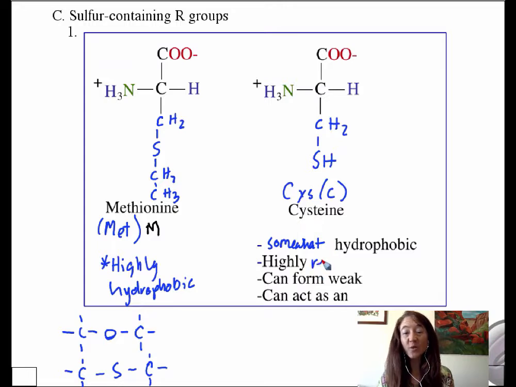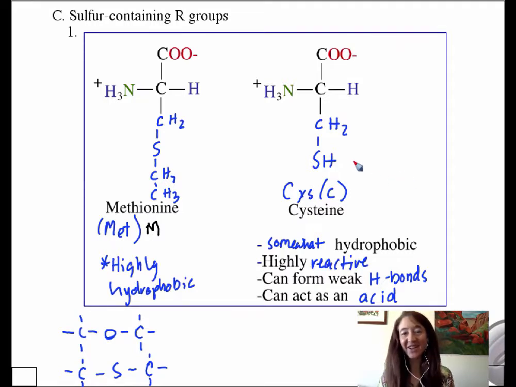It is highly reactive, and it can form weak hydrogen bonds. And it can act as an acid. It can become ionized. And we're going to see at the active site of enzymes, sometimes cysteine is going to get into the action.